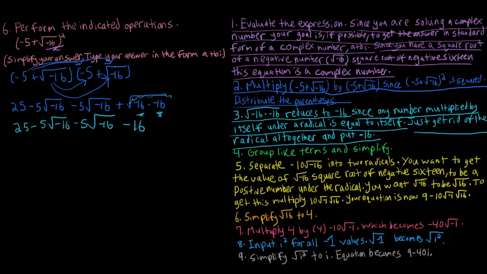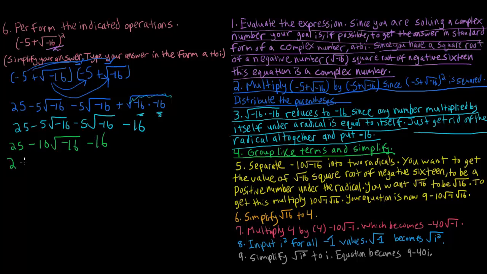Now step 4, we want to go ahead and group like terms and simplify. So 25, then negative 5 square root of negative 16 minus 5 square root of negative 16 will give us negative 10 square root negative 16, and then just minus 16.